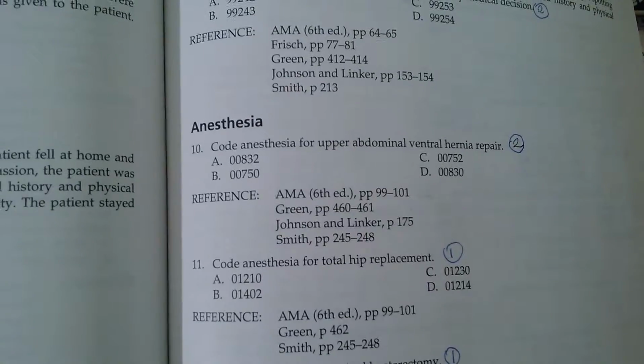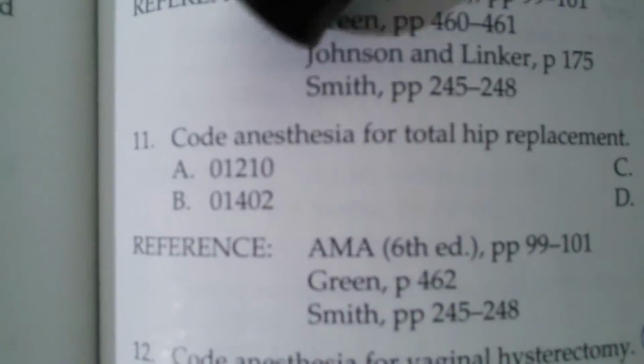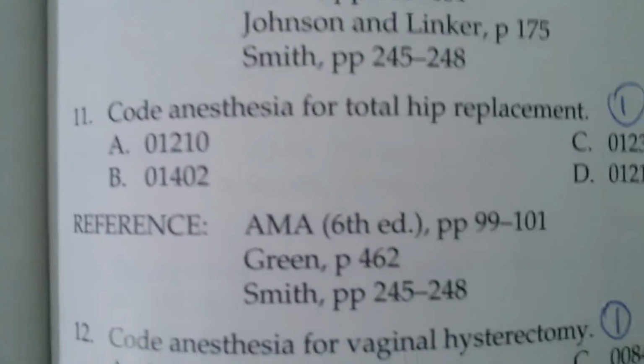Here we are doing the anesthesia part, on page 247, and we have chosen, because it's easier to explain, number 11: code anesthesia for total hip replacement.